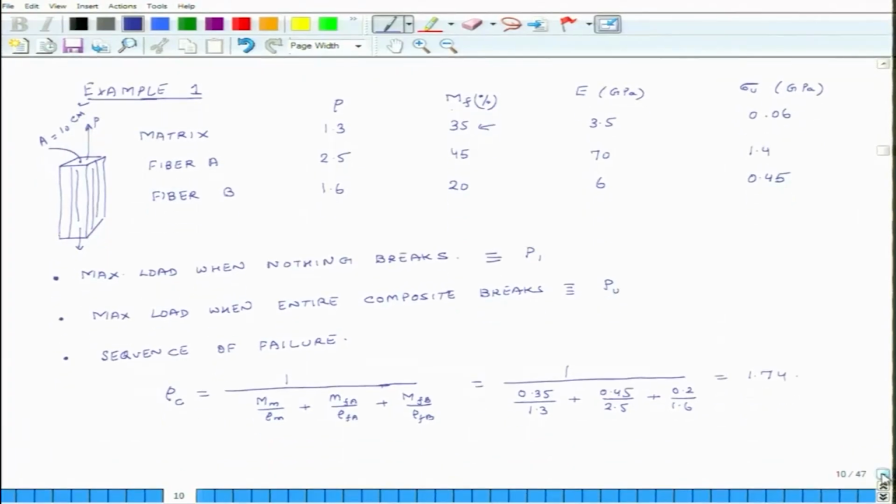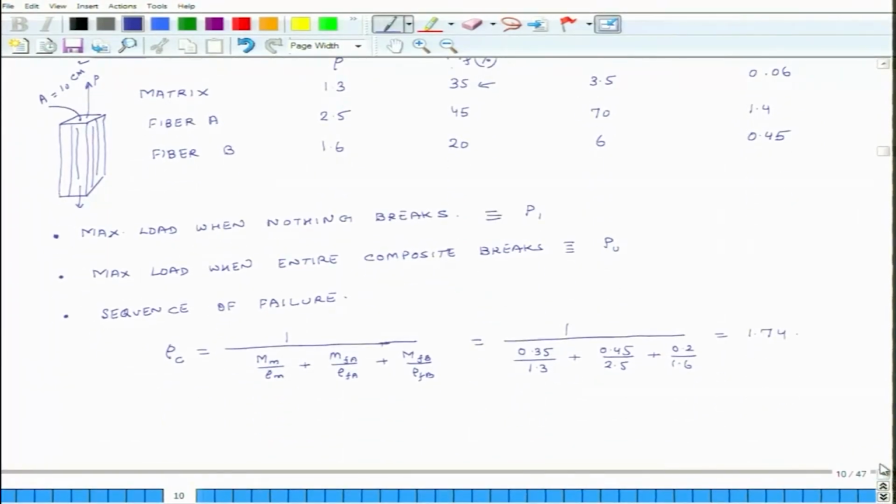So, volume fraction of matrix is the density of composite divided by density of matrix into its mass fraction. It will be worthwhile to develop this expression once you go back from this lecture.